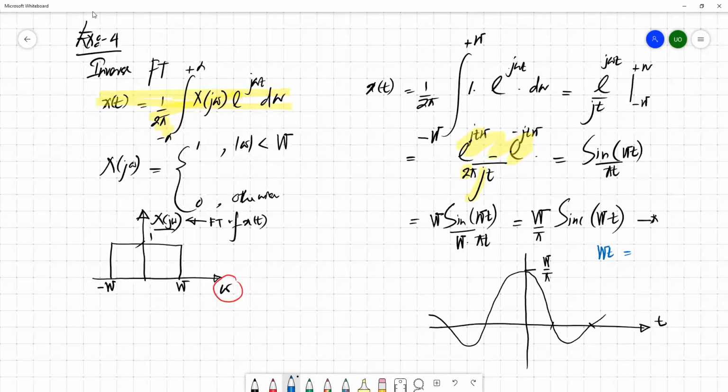Wt would be n pi, then t would be n pi divided by W. The first value is pi over W, this is 2 pi over W, this is minus pi over W, this is minus 2 pi over W. So this is actually x(t). You have a function like this.